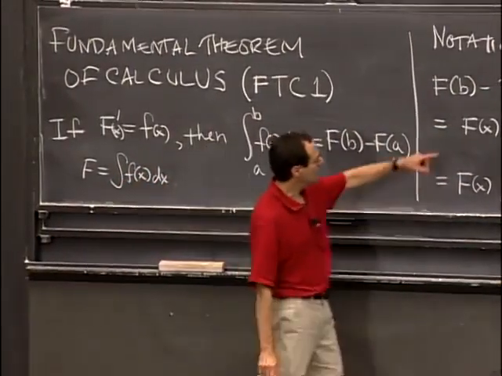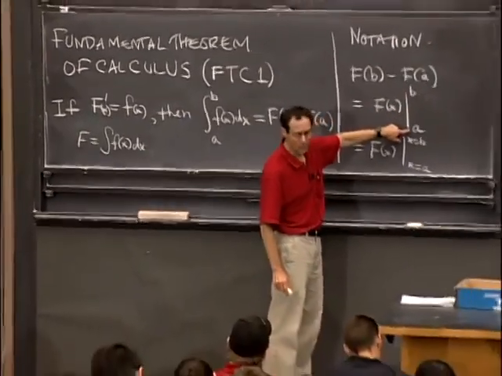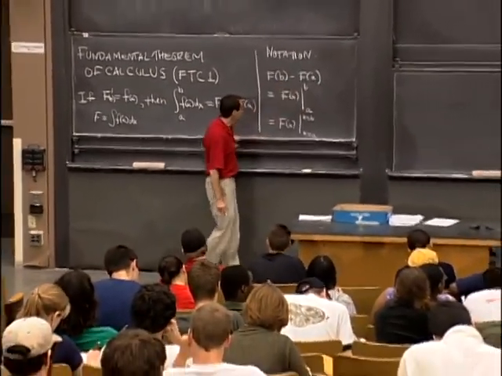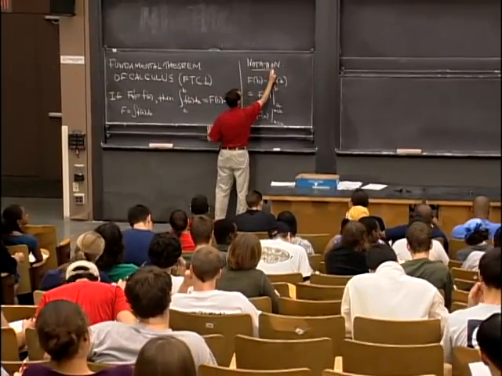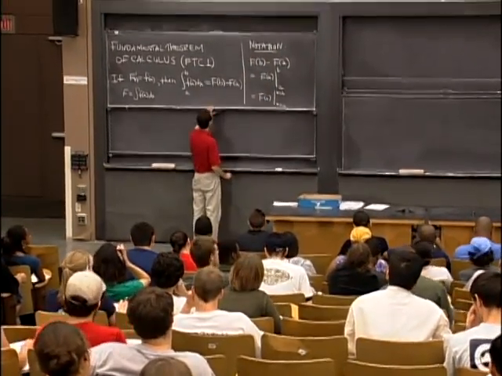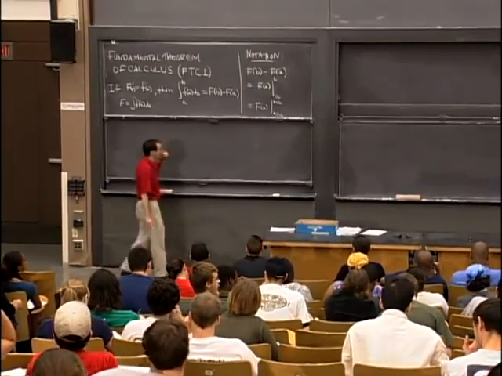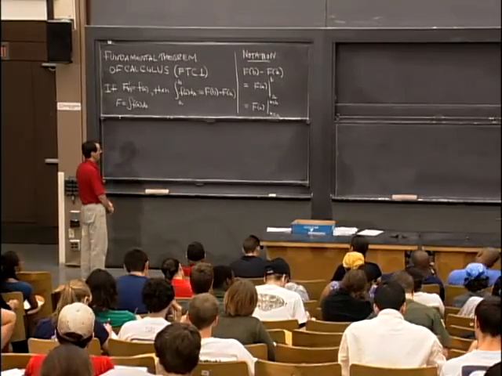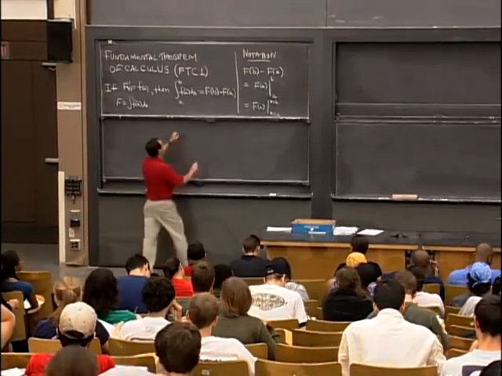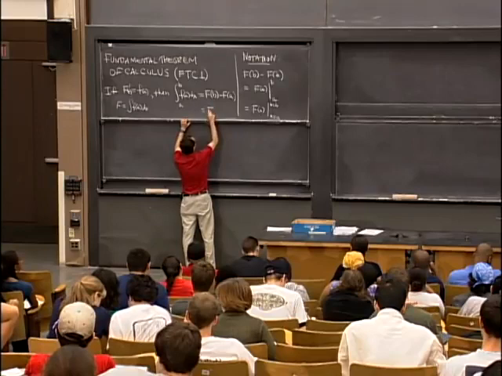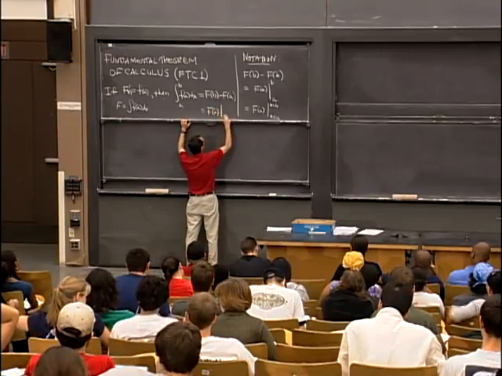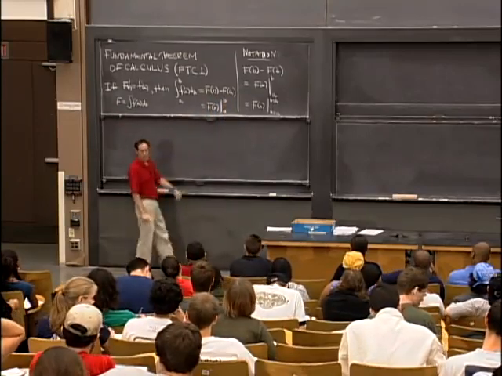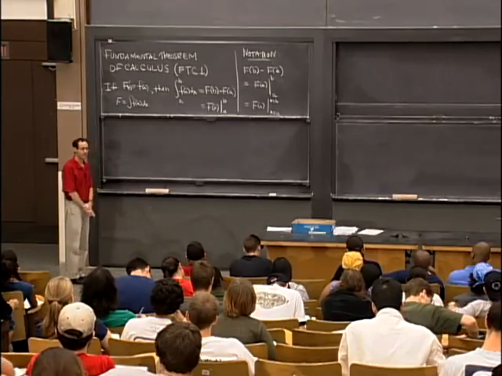And now you take the top value minus the bottom value, so F of b minus F of a. So this is just a notation, and in that notation, of course, the theorem can be written with this set of symbols equally well.